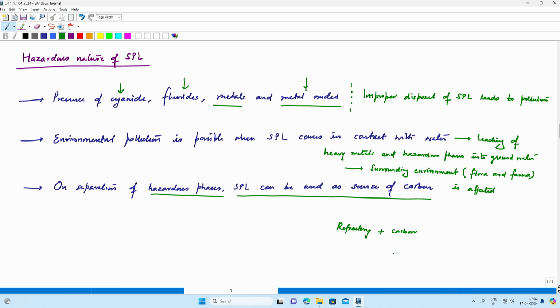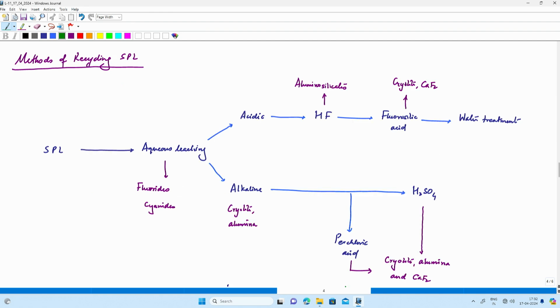remove these hazardous phases. Methods of recycling SPL. So let us just begin with a hydrometallurgical scheme of recycling SPL. This is, of course, the hydrometallurgical route of recycling SPL.